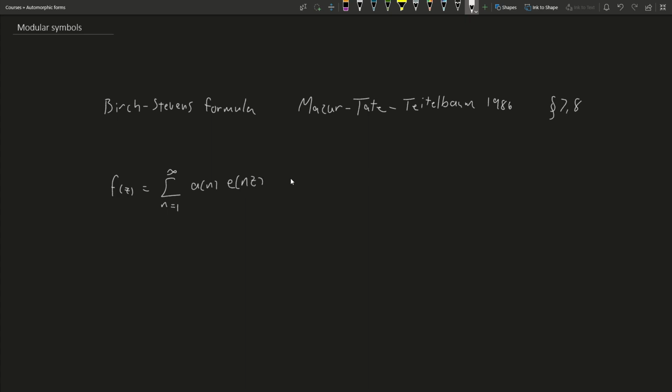This is going to be a weight 2, level N holomorphic cusp form.